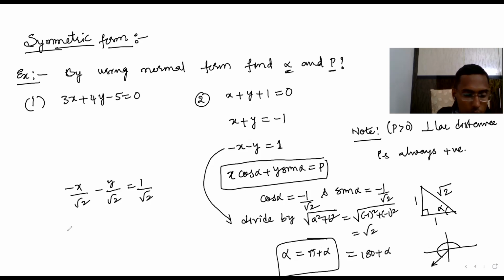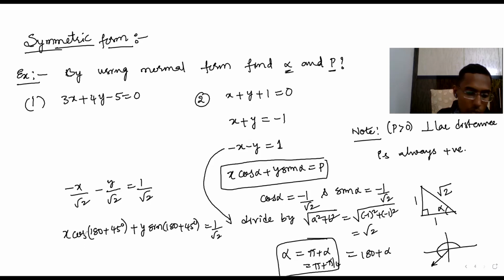So therefore, x into cos of pi plus alpha, where alpha is pi/4. Pi means 180 actually, so I'll make it simple: 180 plus 45 degrees. y sin 180 plus 45 equal to 1/√2.